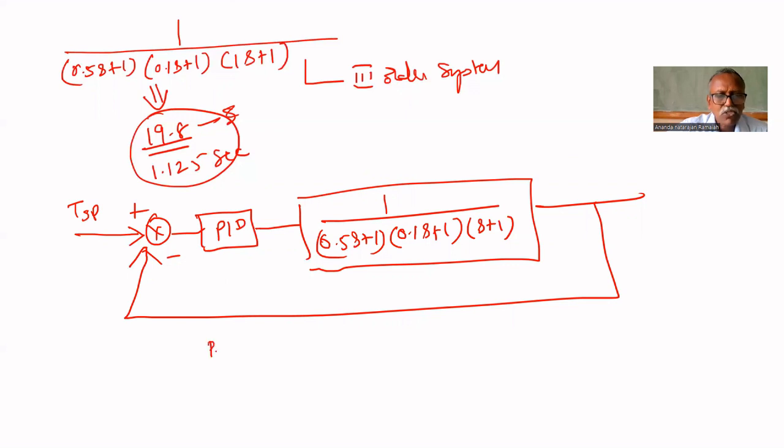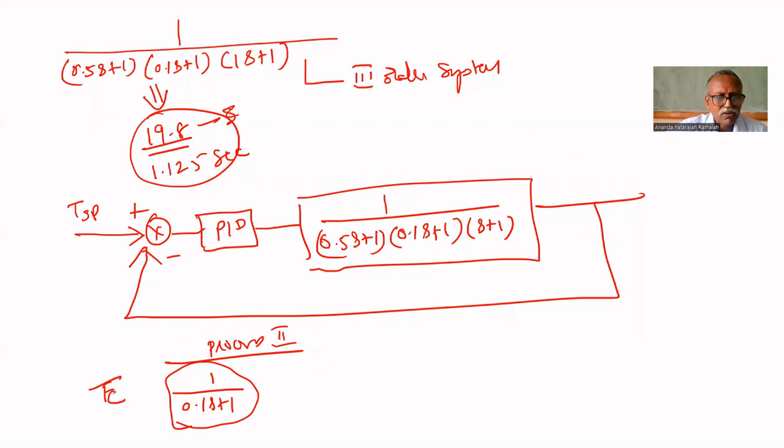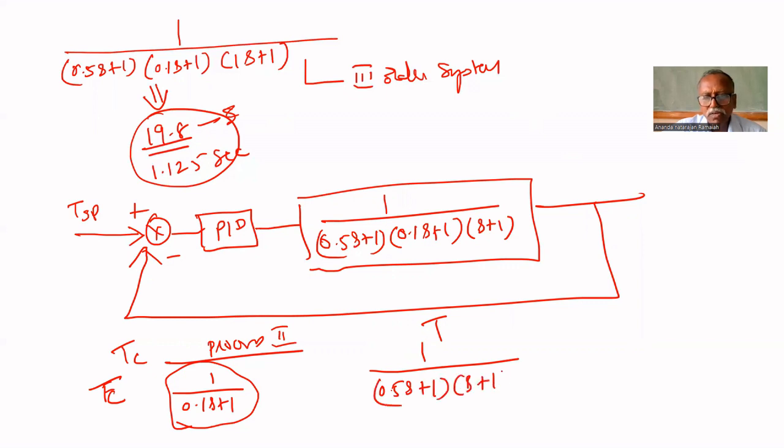One is process 2, which is 1 upon 0.1 S plus 1. Let us assume that this is like a coolant temperature controller. Another one is primary, that is the exothermic process. Let us assume its transfer function is 1 upon 0.5 S plus 1 and S plus 1. We are separating this into two parts, process 1 and process 2.